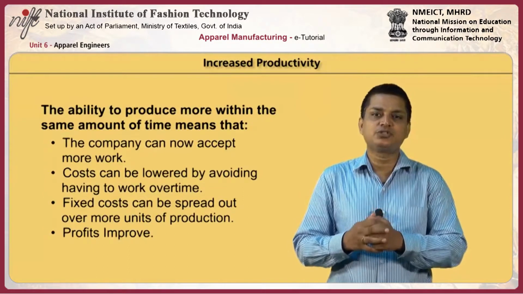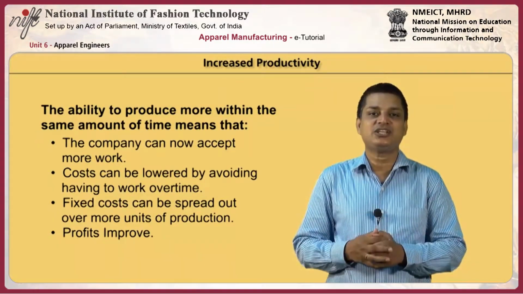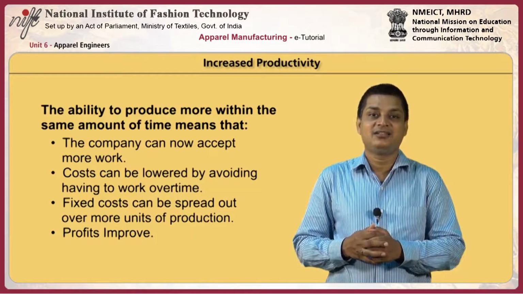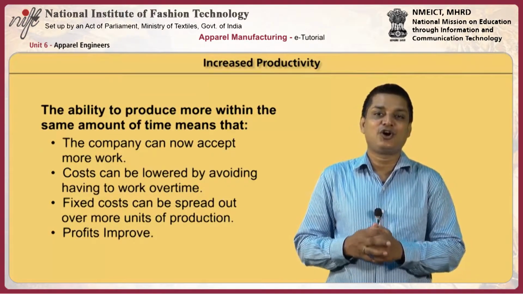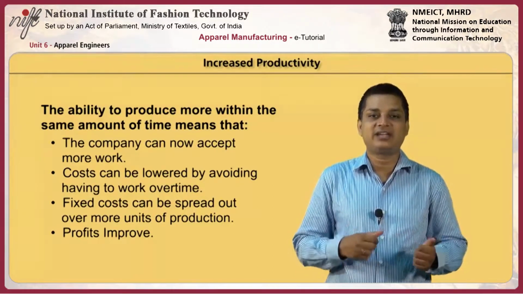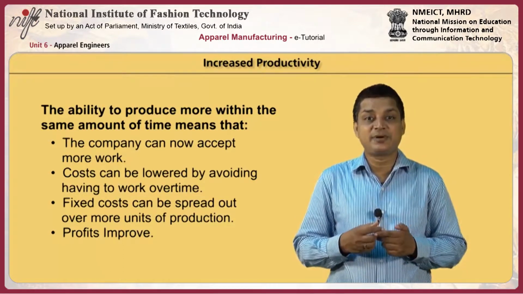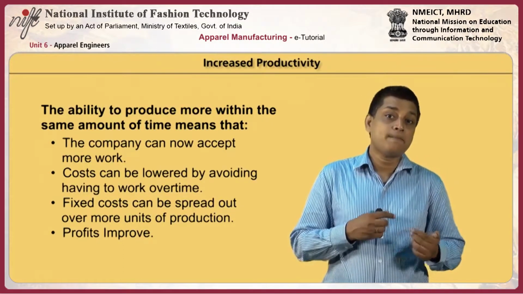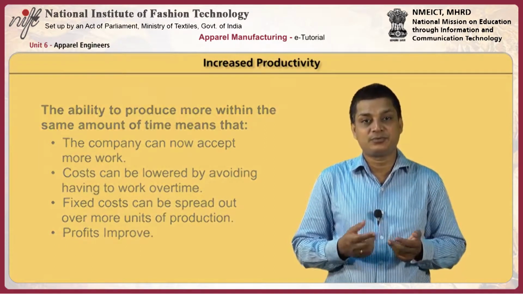The ability to produce more within the same amount of time is a company's insurance for survival. This ability means that the company can now accept more work. It means that costs can be lowered by avoiding having to work overtime. It means that fixed costs can be spread out over more units of production. It means that profits improve.